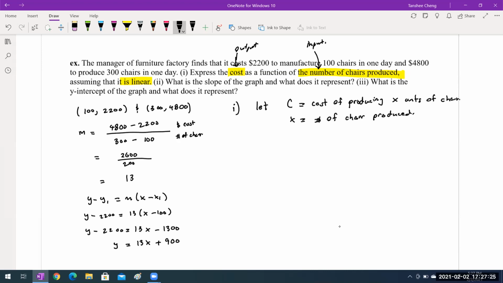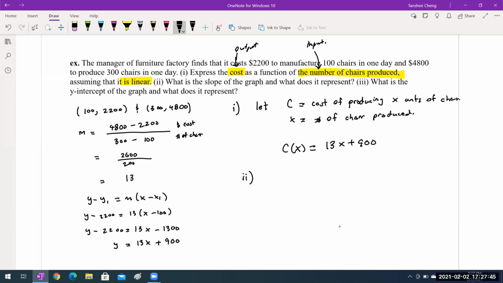Now that I already defined my variables, I can say that C of x is equal to 13x plus 900. And that's the first question. We are writing the cost as a function of the number of chairs produced.